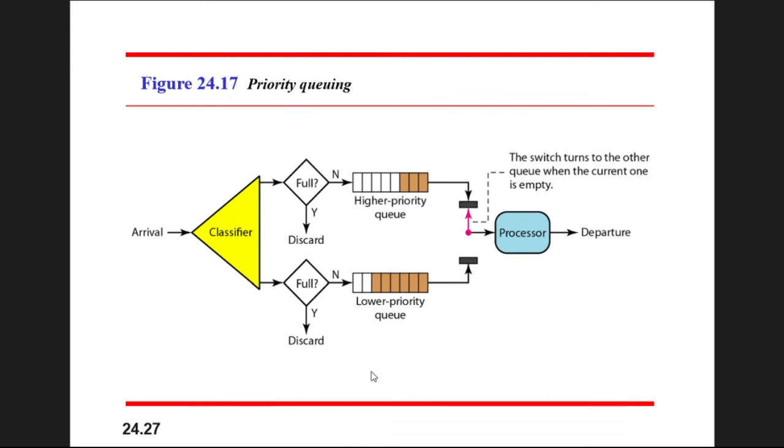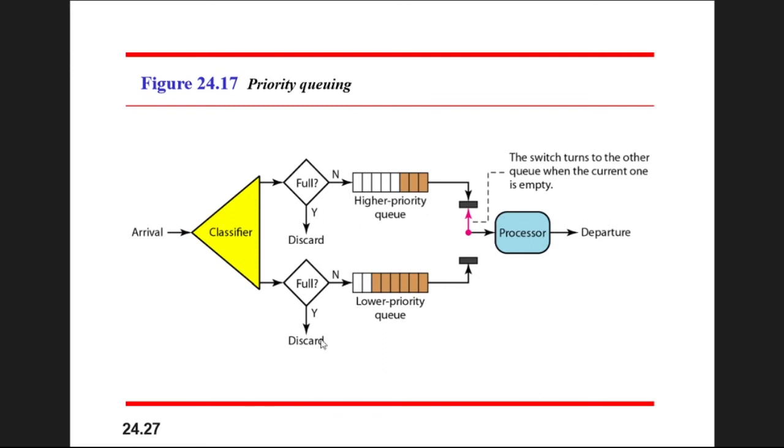If the higher priority queue is full, the data can be discarded. Similarly, if the lower priority queue is full, it is also discarded. The same policy applies, but when two packets are passing, the higher priority packet should be passed to the processor first.